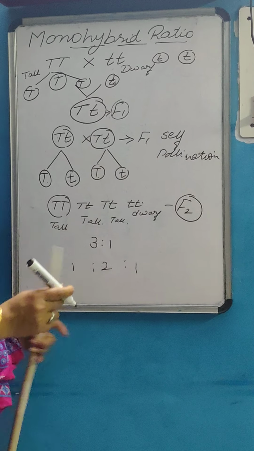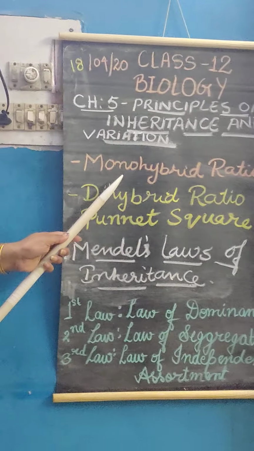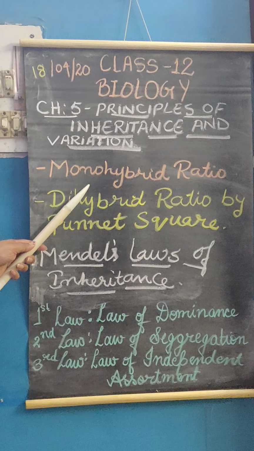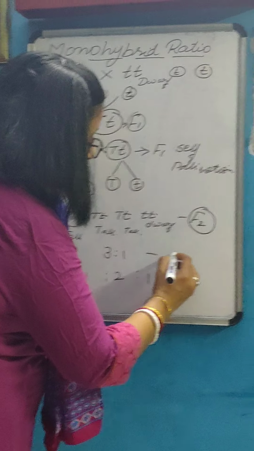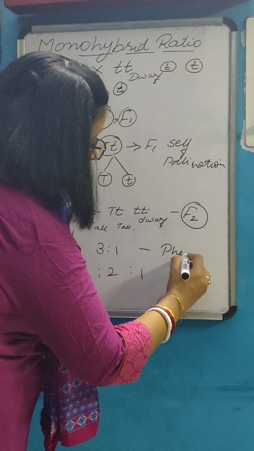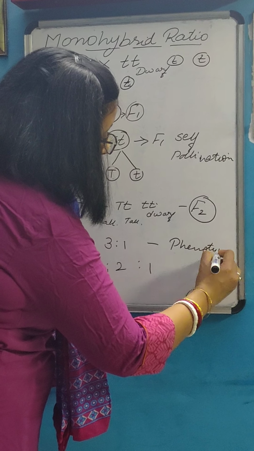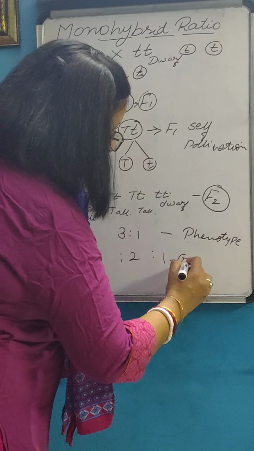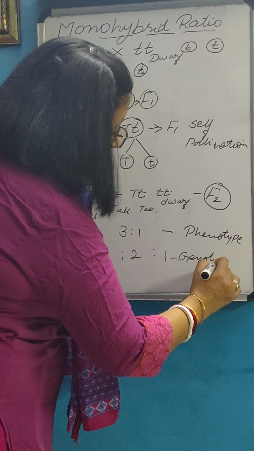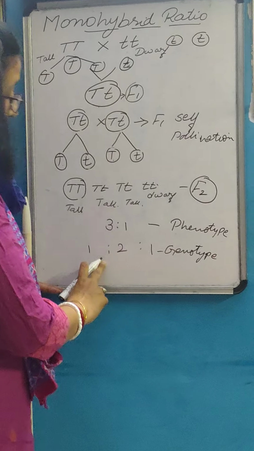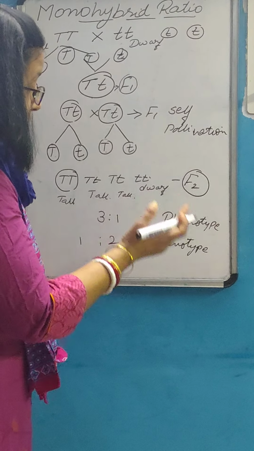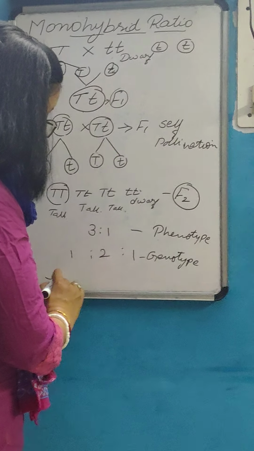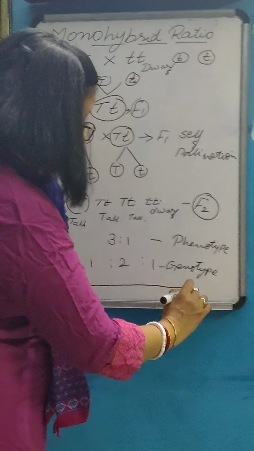So in the monohybrid ratio, we represent the ratio phenotypically in the form of 3 is to 1, and genotypically the ratio is in the form of 1 is to 2 is to 1. Now next we will learn what is a dihybrid ratio.